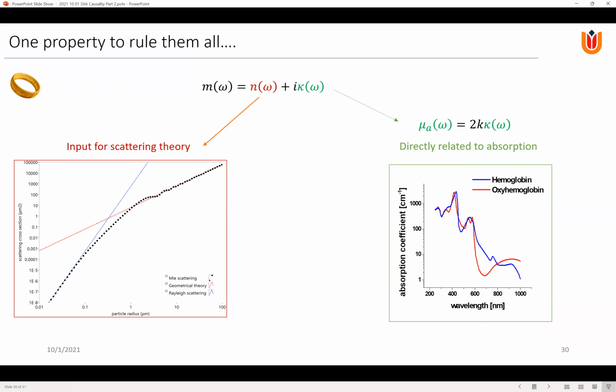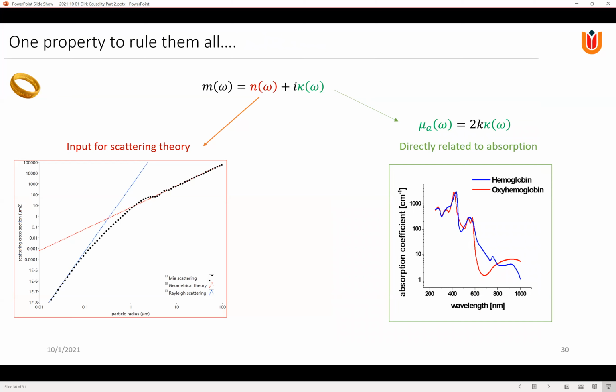Conclusion of this part. You remember this graph, right? The particle radius is on the horizontal axis, the scattering cross section is on the vertical axis. We defined three regimes. The very small particle regime, particles smaller than the wavelength, could be described by Rayleigh scattering.